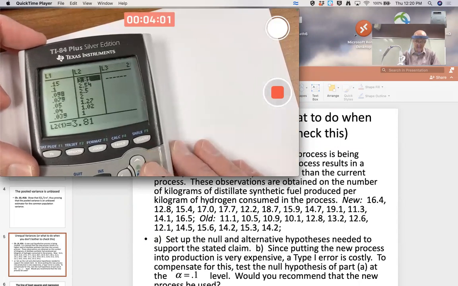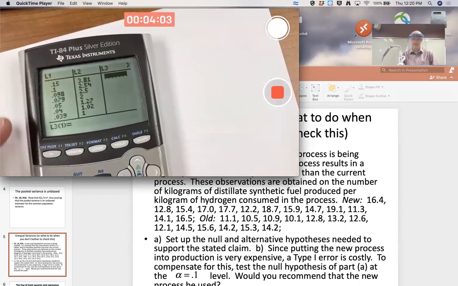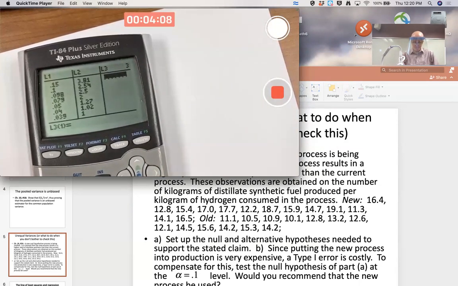I've already got list 1 and list 2 taken care of, so let's move on to list 3. So the new numbers will be in list 3: 16.4, 12.8, 15.4.